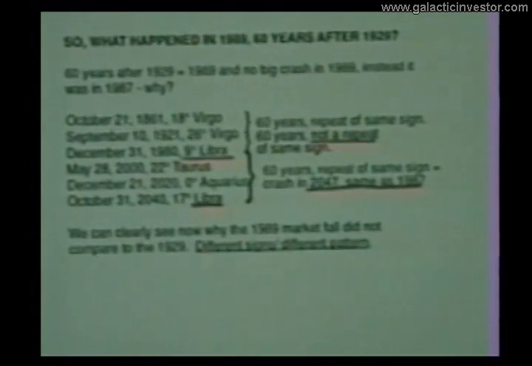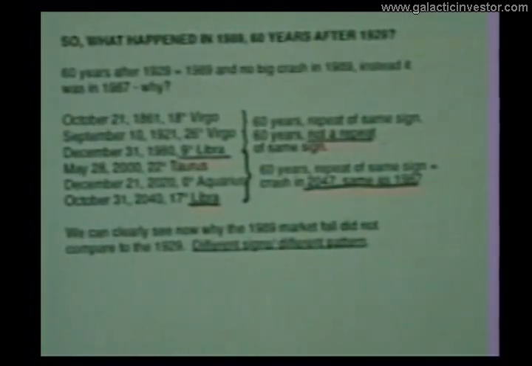So the question is, what happened when 60 years later in 1989 we didn't have a big crash in '89? And the very simple thing is that we were looking for, exactly as we show here, in 1989 for it to be exactly the same thing that happened in 1869 and in 1929.